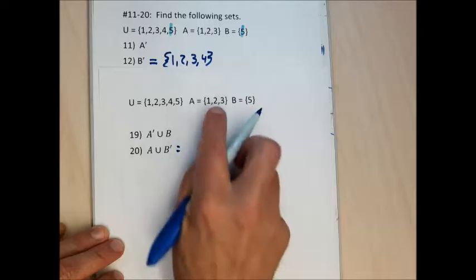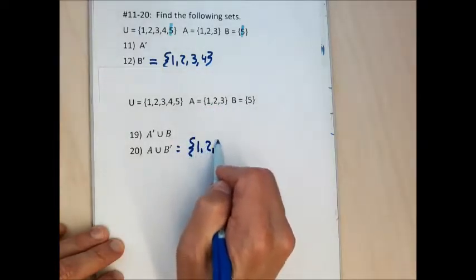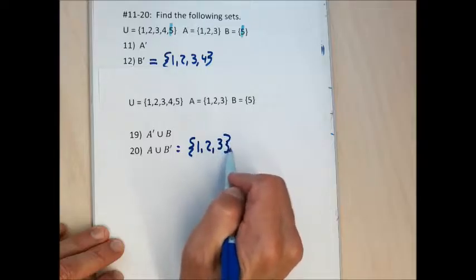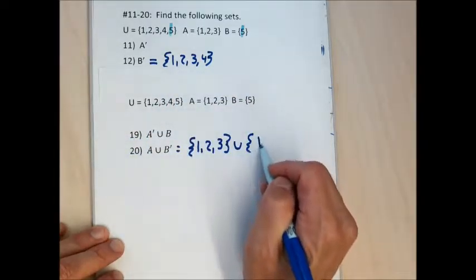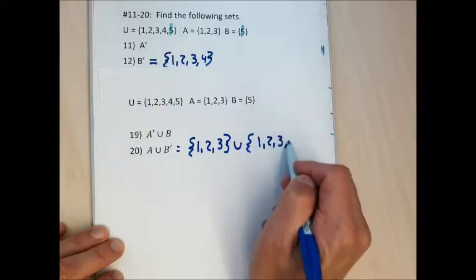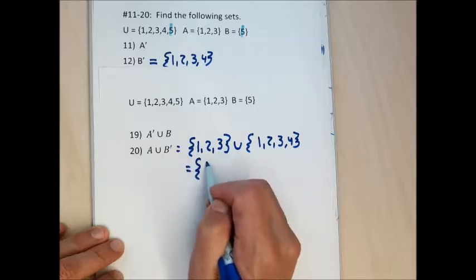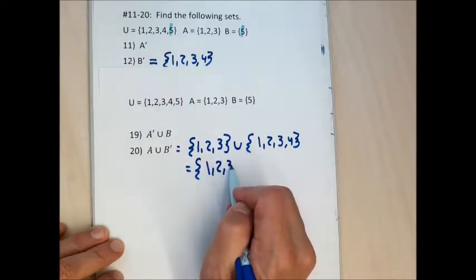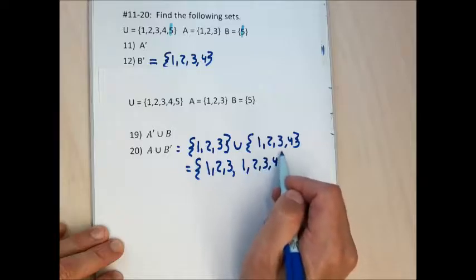So I'm going to take set A, which is a set containing the elements 1, 2, and 3, and I'm going to union that with the set B complement, which is a set that contains the numbers 1, 2, 3, and 4. And again, when I union two sets, I take all the elements in the first set and all the elements in the second set and write them in a big set.